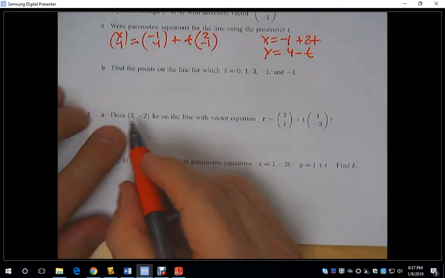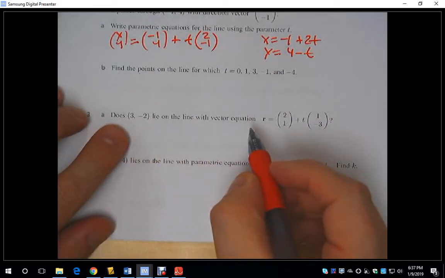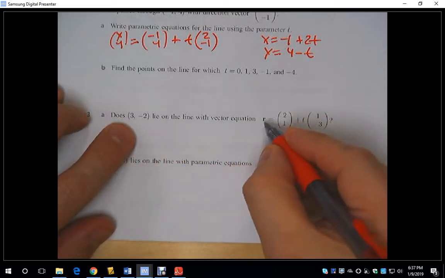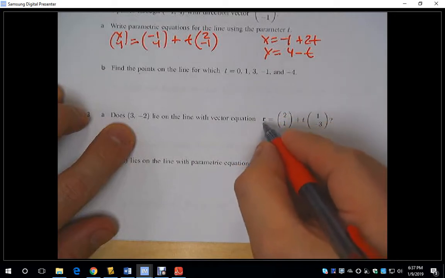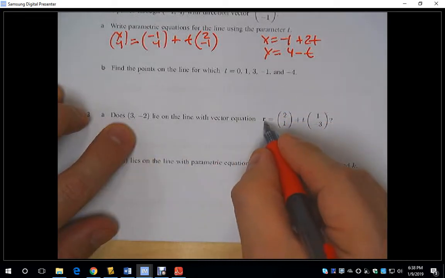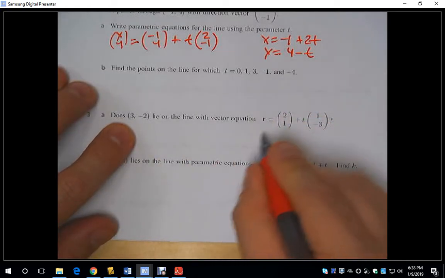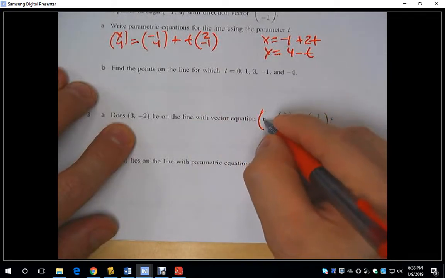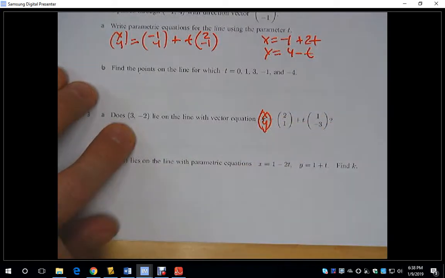Let's look at number 3. So it says, does 3, -2 lie on the line with this vector equation? Well, let's plug it in. So here's an example of a vector equation where the line is just r, which is completely acceptable, but the way that you've seen it so far, I said that this r was our x, y components.